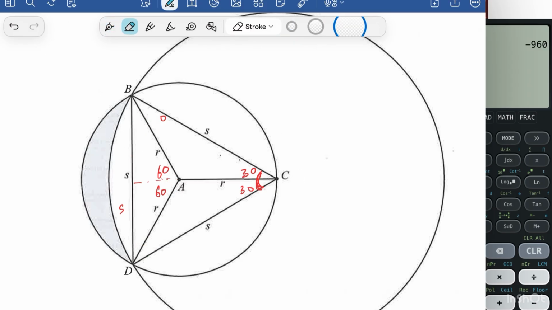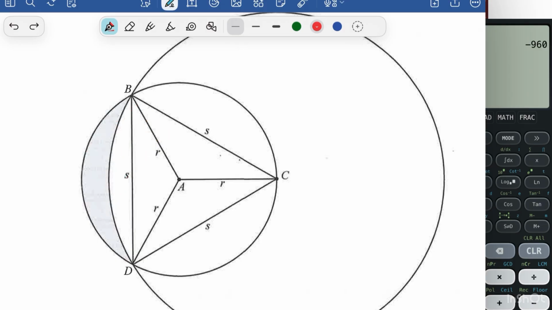So I'll just erase what I wrote before so that I already know the angles. So first of all, we can actually find this area. No, we can find that area.